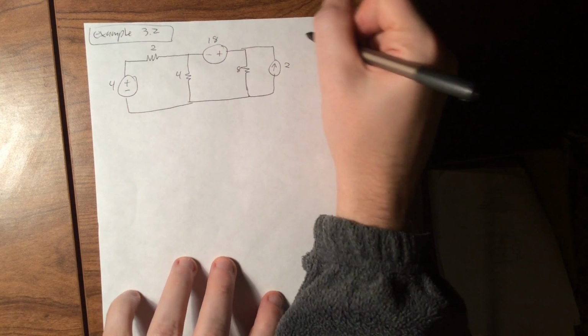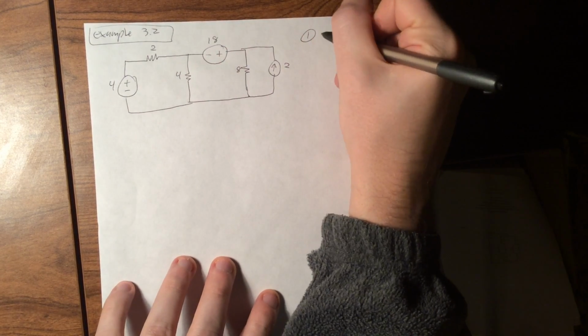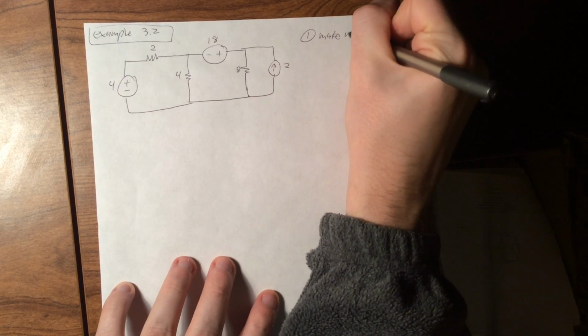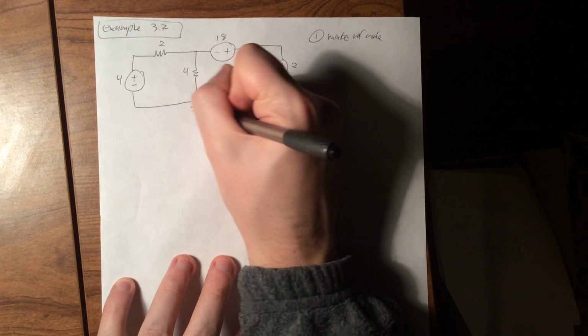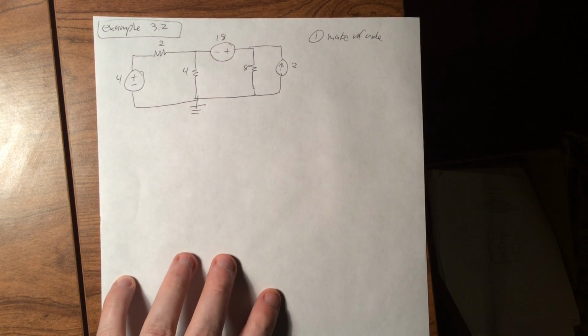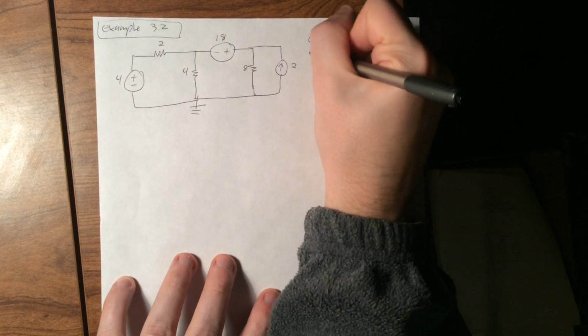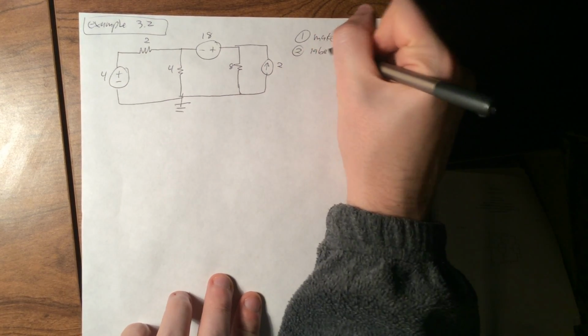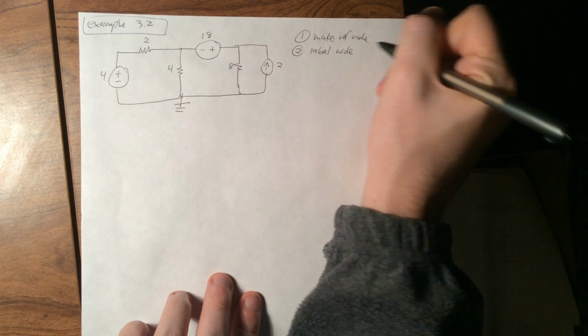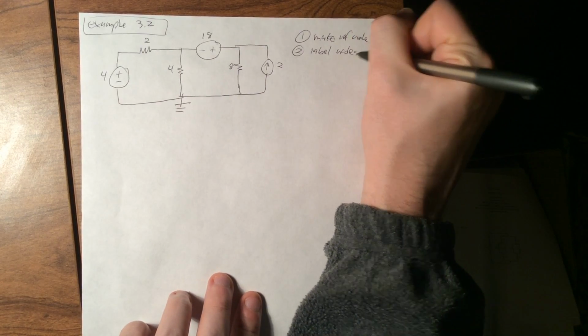So for one, we're going to do our normal routine. Make a reference node. We're just going to pull this out. Reference node done. Two, we're going to label node voltages.